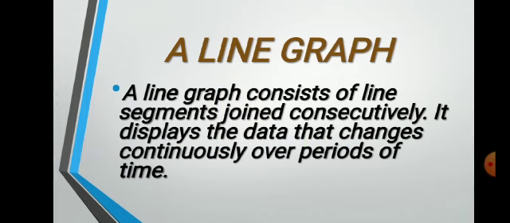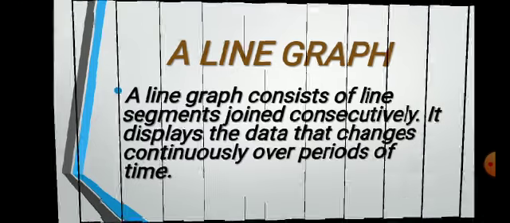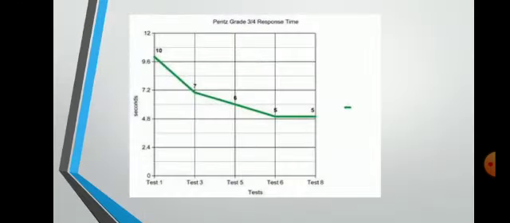The next is a line graph. A line graph consists of line segments joined consecutively. It displays the data that changes continuously over periods of time. Now you can see in this line graph, there are different types of tests and how much time each will take.